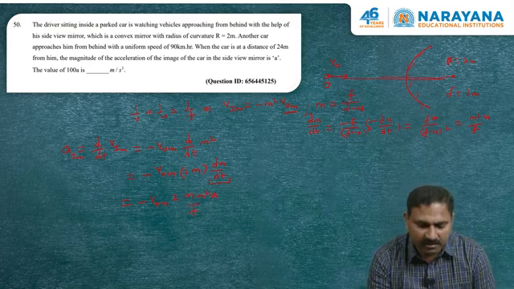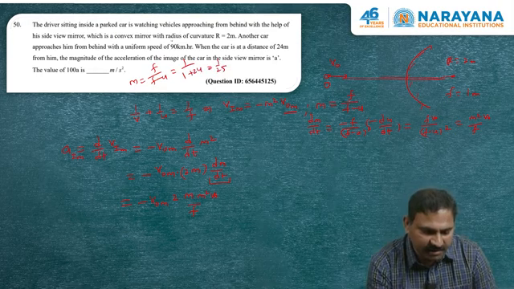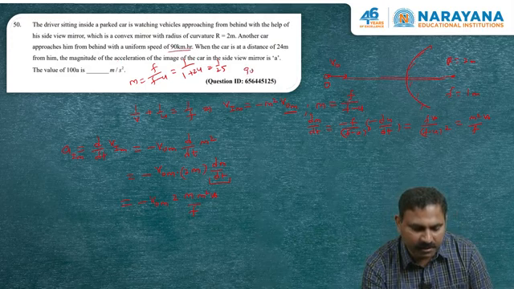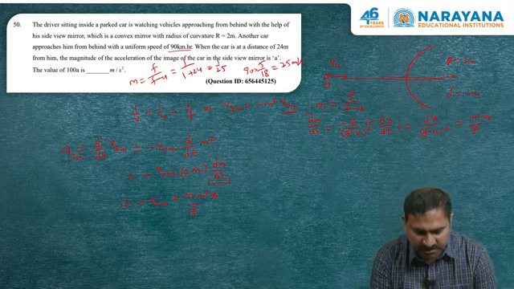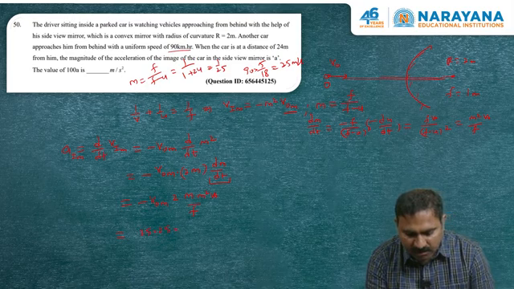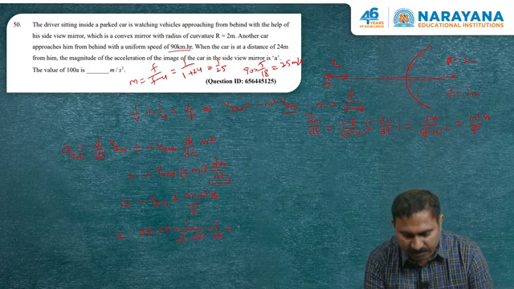Now, let us find the magnification in this case. M equal to f by f minus u. Focal length is 1, object distance is minus 24, this is 1 by 25, and velocity given is 90 kmph. Let us convert it into meter per second. 90 into 5 by 18, this is 25 meter per second. Now, if I substitute those values, this is 25 into 25, magnification cube we are getting, that will be 1 by 25 into 1 by 25 into 1 by 25.